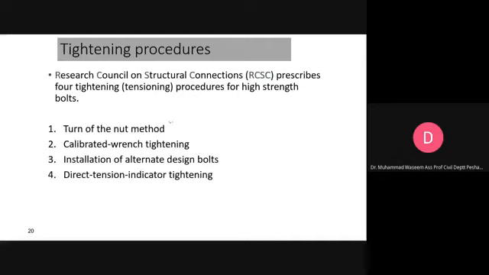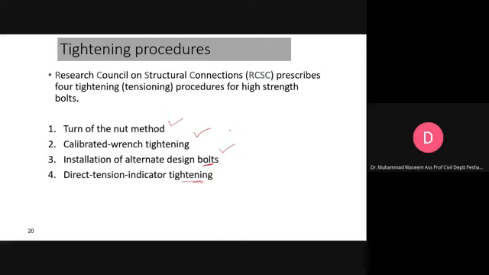The first procedure is the turn of the nut method. Then we have calibrated wrench tightening, then installation of alternative design bolts, then direct tension indicator tightening. So there are different procedures prescribed to pre-tension the high strength bolts, so you can get the clamping forces along the faying surfaces.